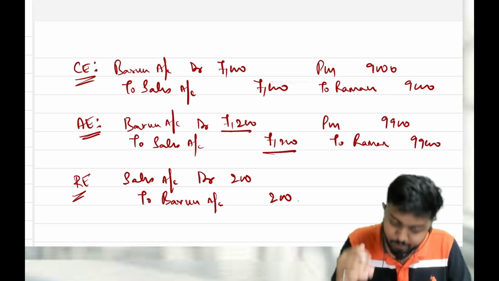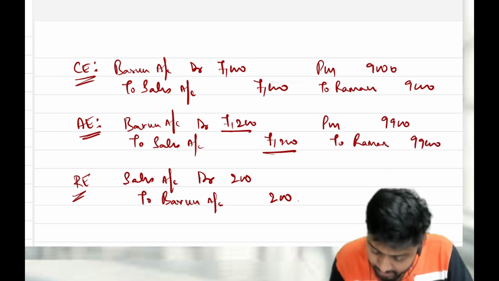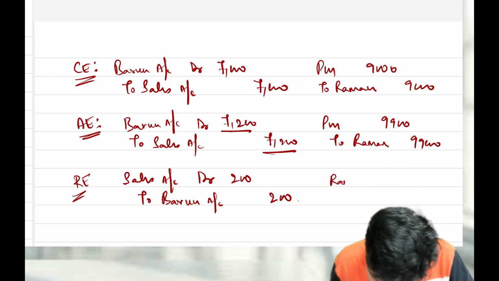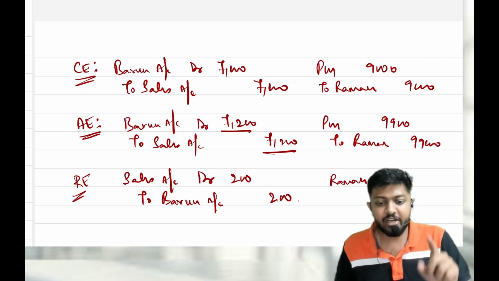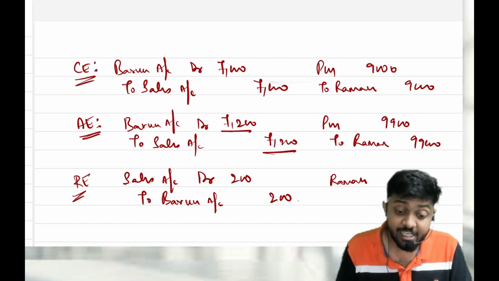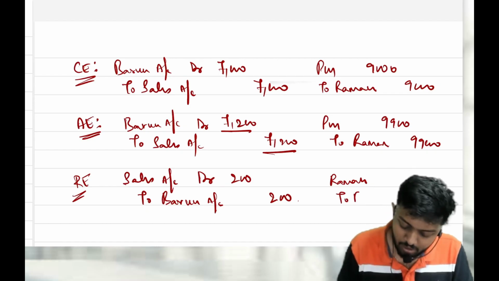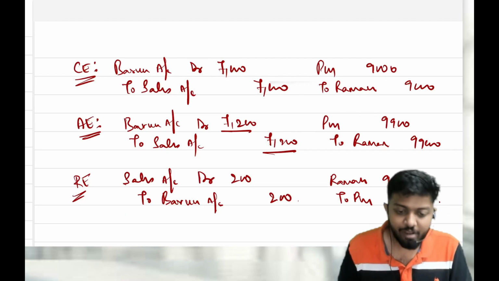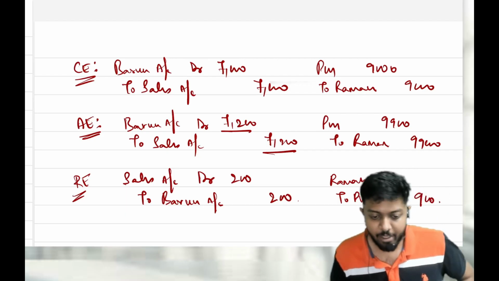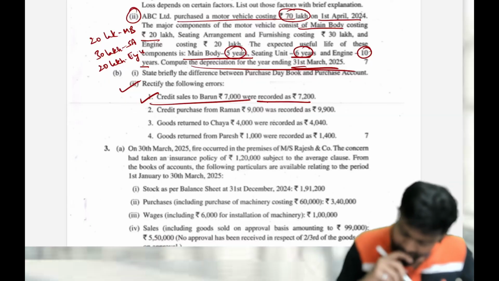Same thing. I have to reduce both purchases and Raman by 900. So Raman debit, because Raman is a creditor, decreasing, debit, to purchase, an expense, decreasing, credit. It's more by 900. Henceforth, we have rectified the entry. Raman to purchase 900.